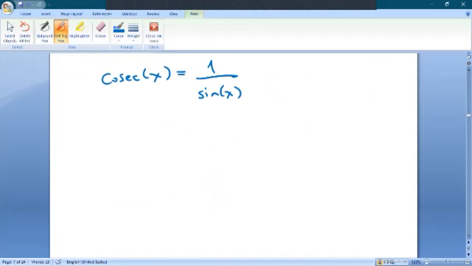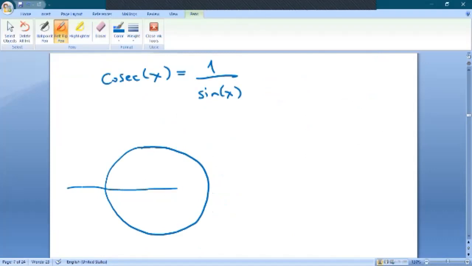The other relation between sine and cosine, as you have seen, is sine squared plus cosine squared is 1. That corresponds to a rotation, which I've been talking about. Okay, this is supposed to be a unit circle.